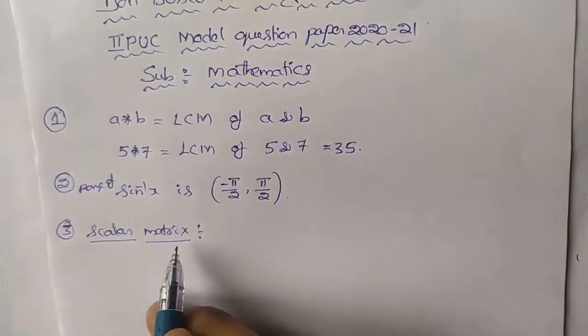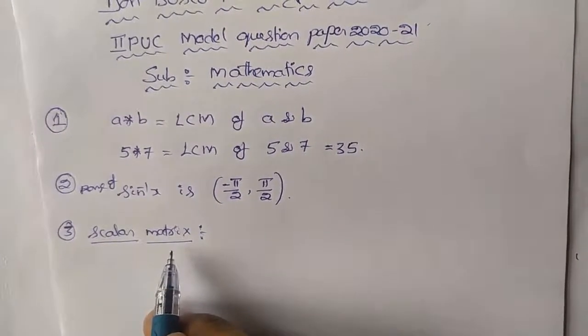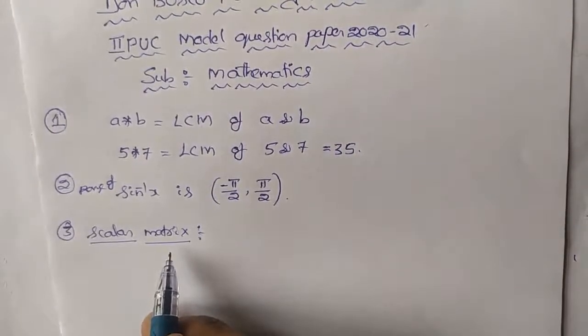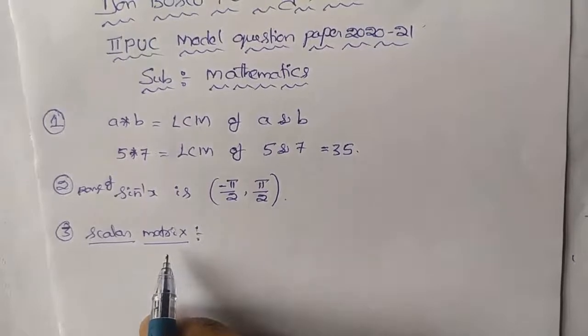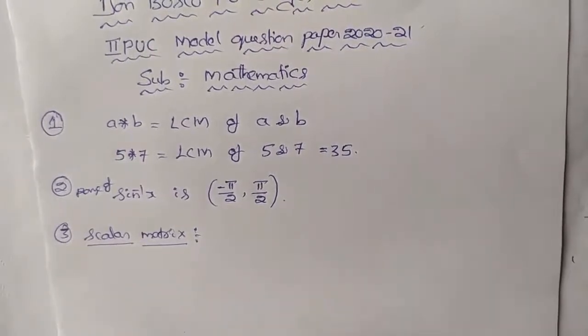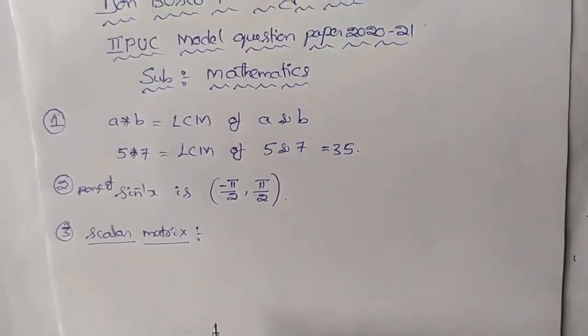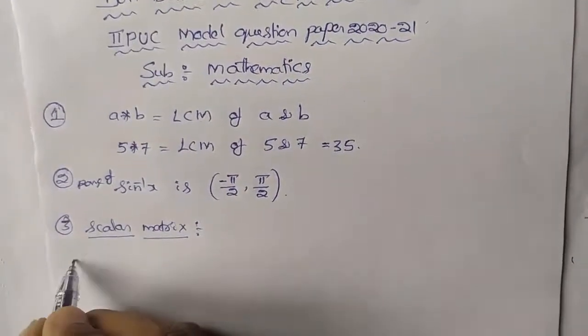Once again I will repeat. A diagonal matrix is said to be a scalar matrix if its diagonal elements are equal, then that matrix is called a scalar matrix. Hence it is a direct question, no need of too much explanation. I will move on to the fourth question.